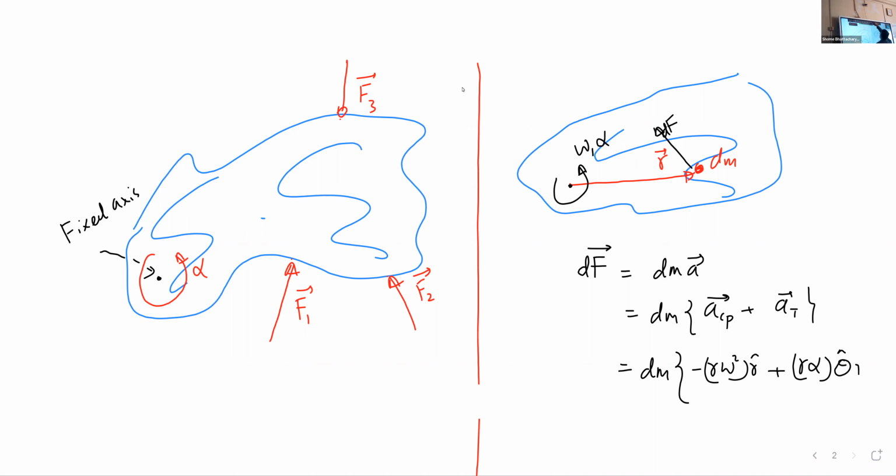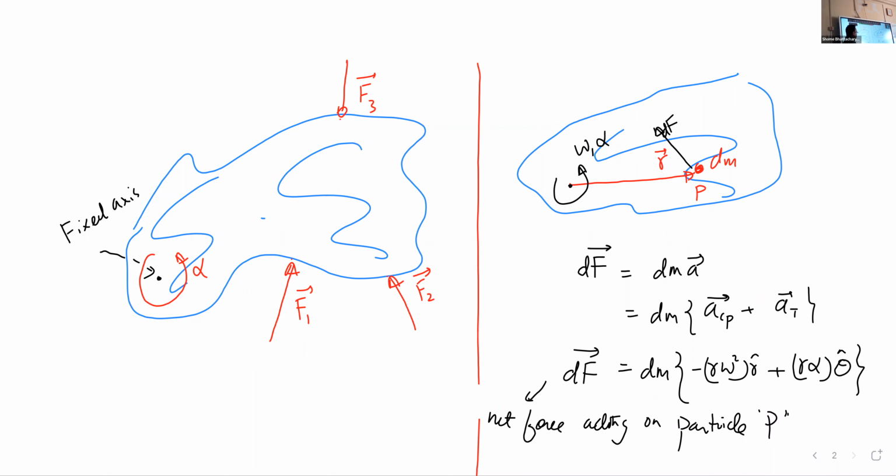So this is what I'm getting, where this quantity df is what? This is the net force acting on the particle, let's say P, where P is this particle.